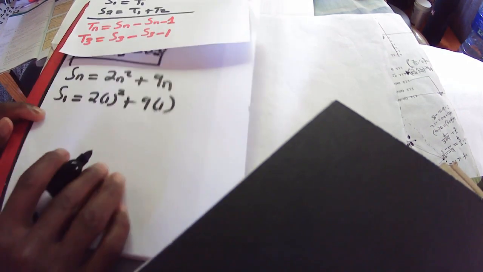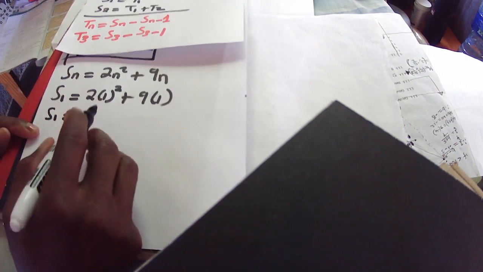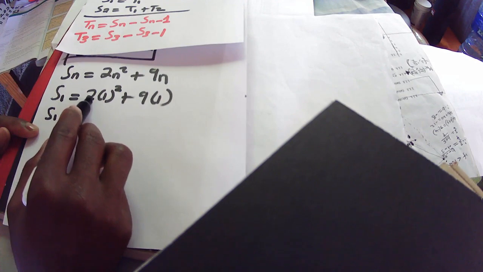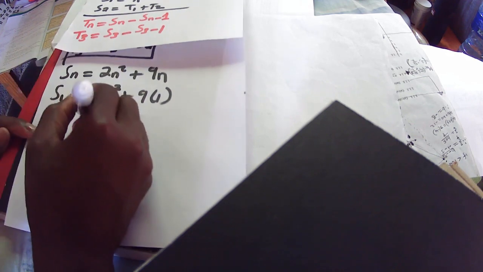The sum of the first term is 2 times 1 squared plus 9 times 1. So the sum to one term is 11. So we write down 11.